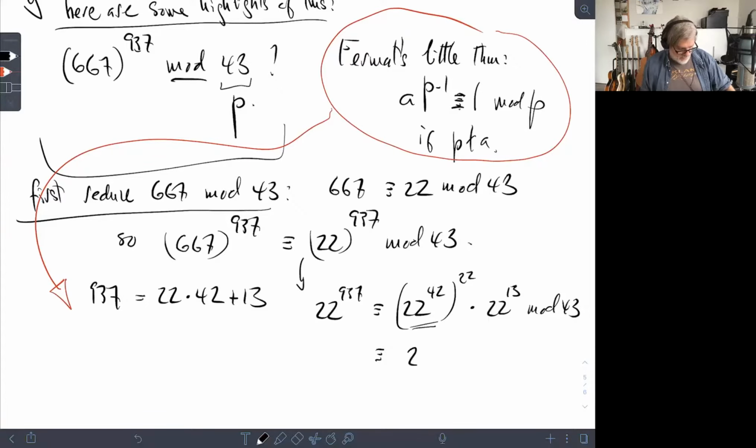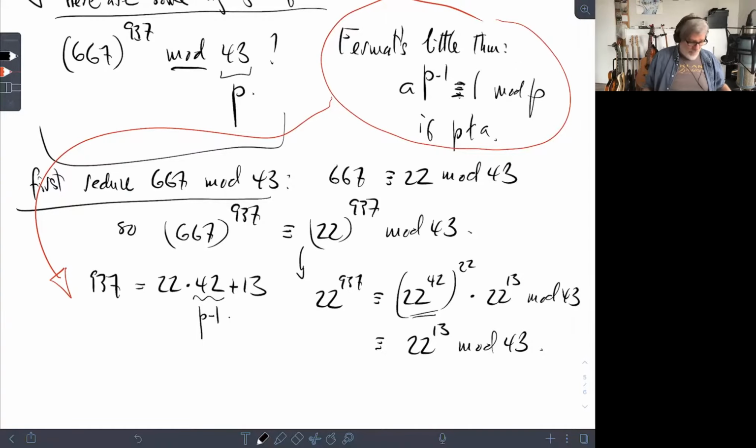So this is 22 to the 13 mod 43. Because of the p minus 1 here, 22 to the p minus 1 is 1. I can just get rid of it. So my 667 to the 937, mod 43, is just 22 to the power 13, right? And I didn't need to do anything very complicated to get to that.